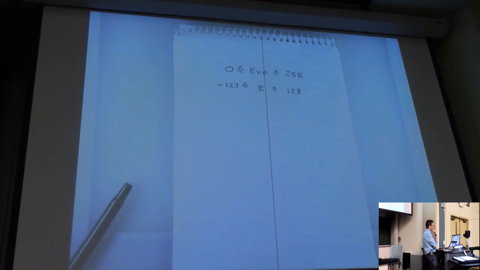Now there's a couple of other special values. When exp is all 1s and the frac is all 0s, this represents the value infinity. This is a value that we get when we do some kind of addition or multiplication and we overflow.